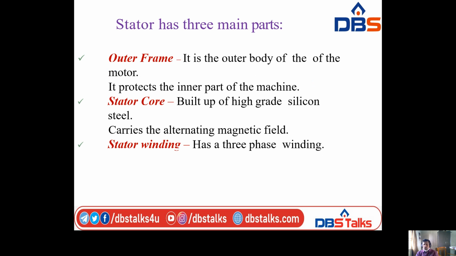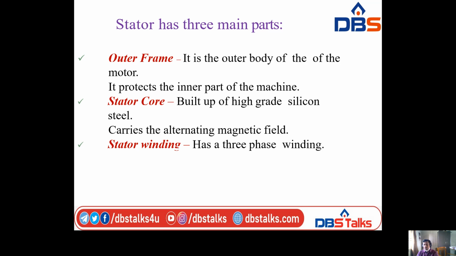The outer frame is only the outer body of the motor. It is a protecting cover and it protects the motor from moisture and atmospheric effects. That means it completely protects the inner part of the machine.